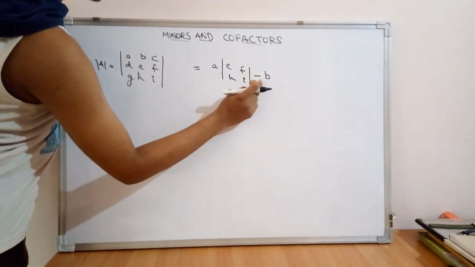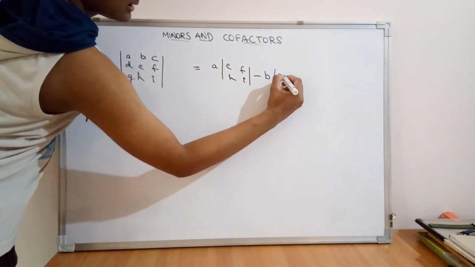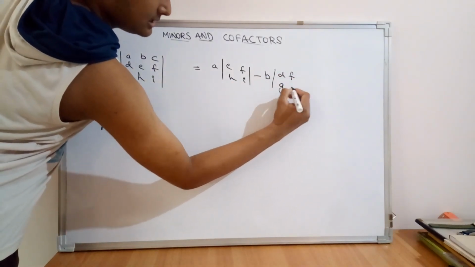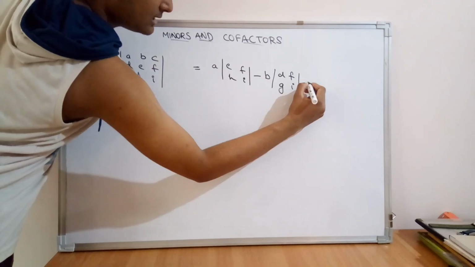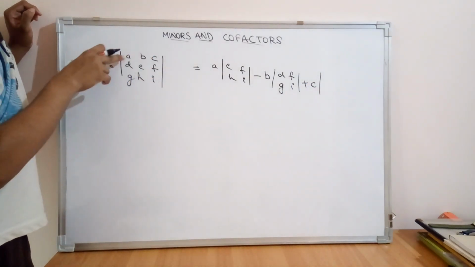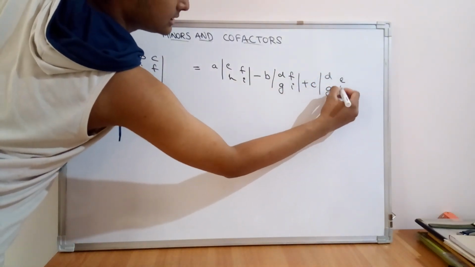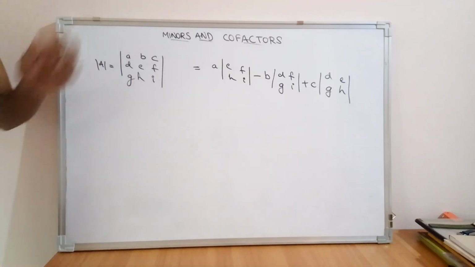So it is minus B into the determinant D, F, G, I. Then plus C into the determinant D, E, G, H. Okay, this much we got.